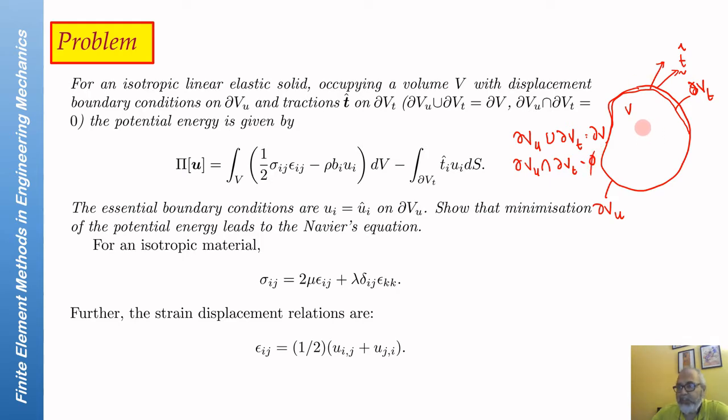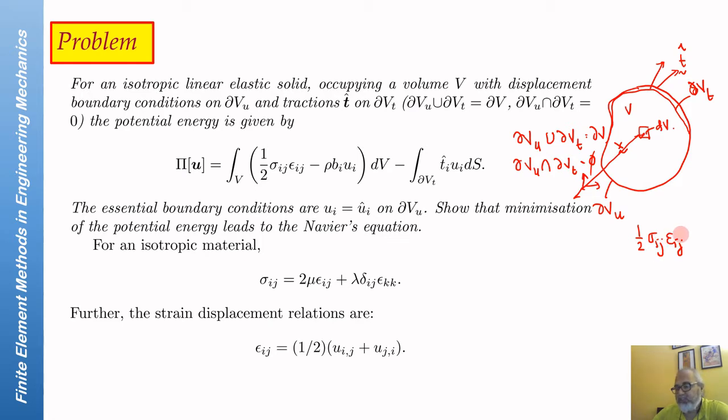So at any small element inside this dV, the strain energy stored per unit volume is half sigma ij epsilon ij for a linear elastic solid, where sigma ij and epsilon ij are stresses and strains at this point, which we denote, let's say, by x with respect to some coordinate system.